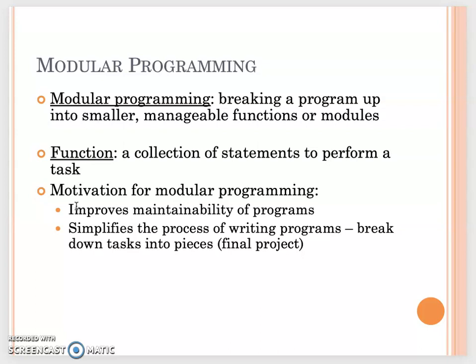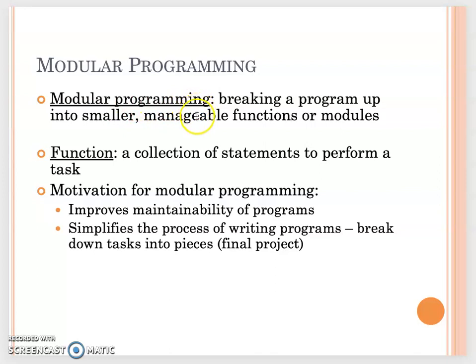Do you remember we gave you the user menu to have the user choose whether to calculate circle, rectangle, or square area? But we put a big block of code in the main function. So sometimes if we want to see where the program is wrong, we need to go from line 1 to the end. That's why we want to separate our program into different parts. That's what we call modular programming.